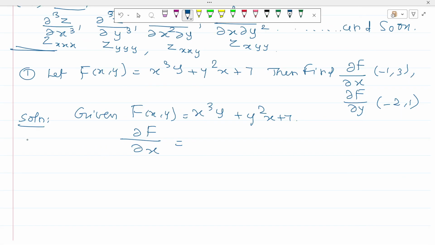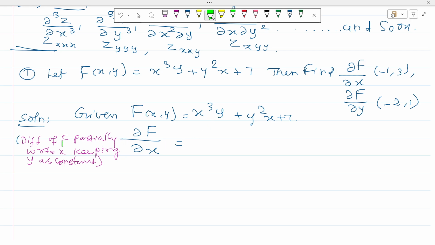That meaning is differentiation of f partially with respect to x, keeping y as constant. So here, in case you have differentiation of f keeping y as constant, what are the constant terms?